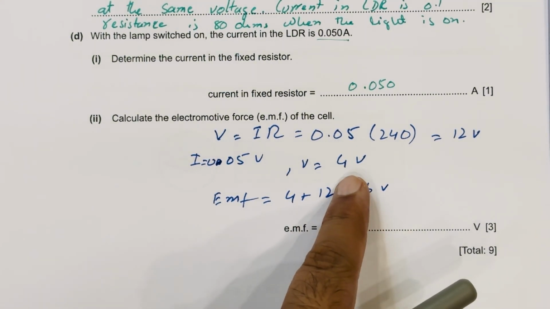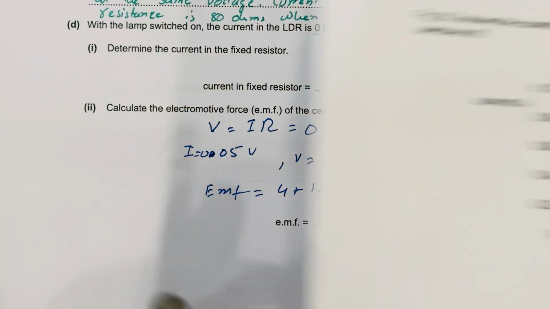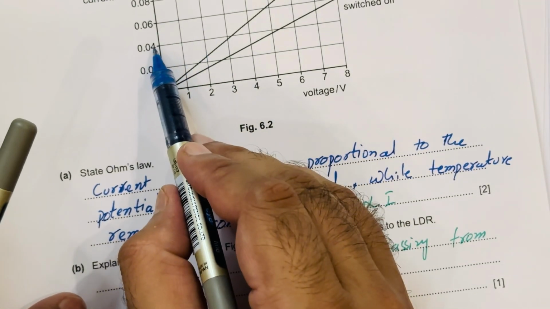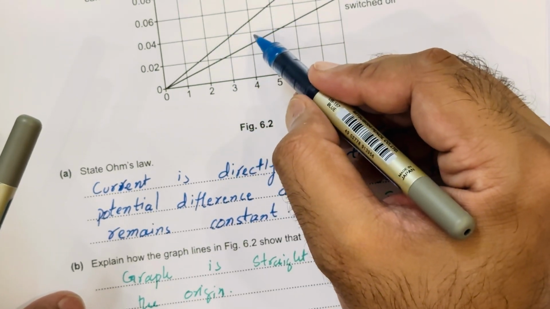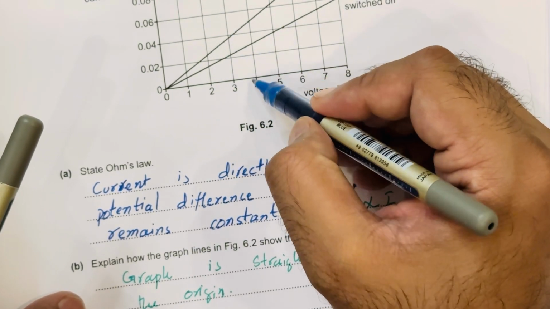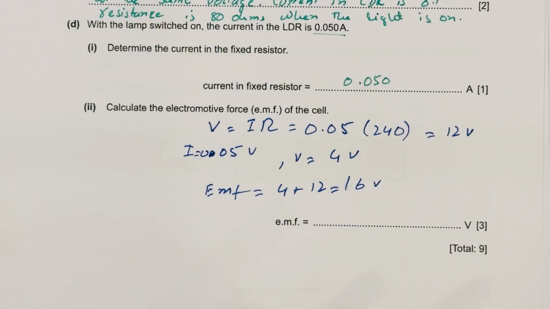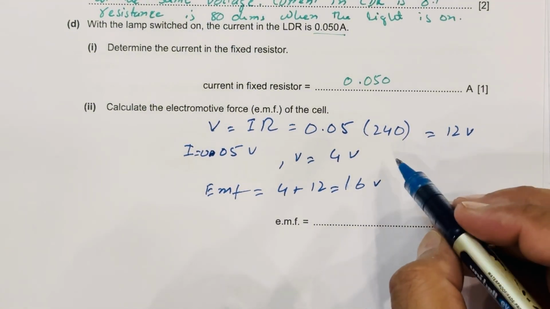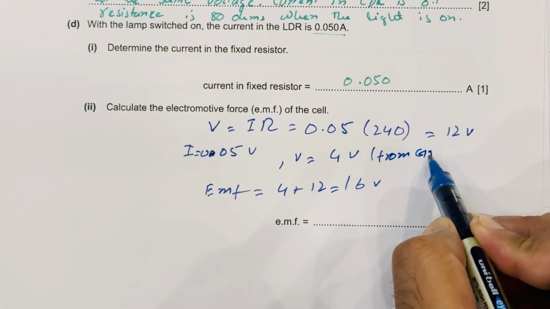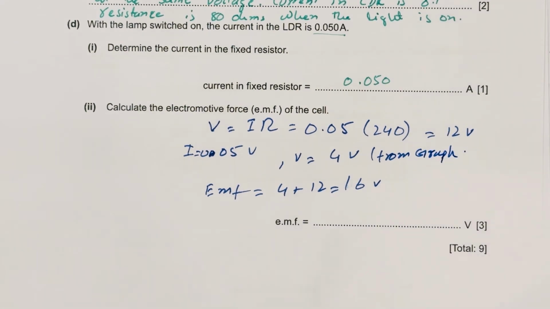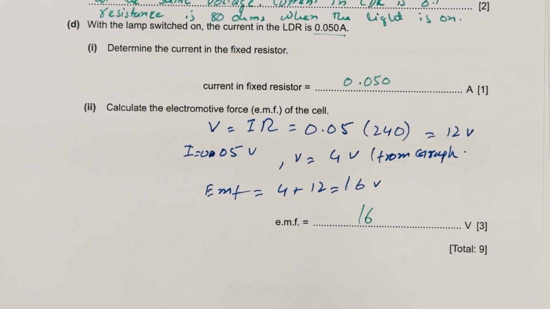How did we get V equals 4 volt? I am going to show you from the graph. When the current is 0.05 and this line would match over here, so this is 4 volt. From the graph you have found the value of 4, so I am writing here 'from graph' so you don't get confused. So our answer would be 16 volt.